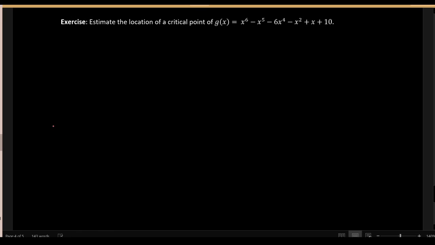Final example. Let's try and estimate the location of a critical point of the function given here, this giant polynomial. So in other words, we're looking for locations where the derivative of this giant polynomial, 6x to the fifth power minus 5x to the fourth power minus 24x to the third power minus 2x plus 1, is equal to 0.